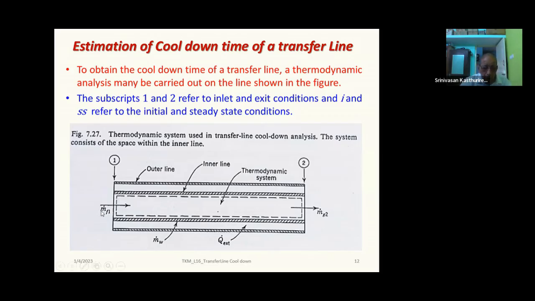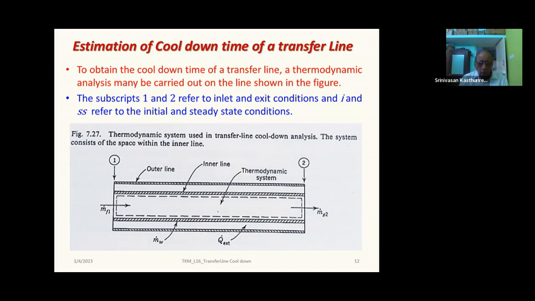So you can think that the mass flow rate at the left end is m dot f1, whereas the mass flow rate at the right end will be m dot f2 for the liquid and m dot g2 for the vapor. This is the flow from the left to the right.